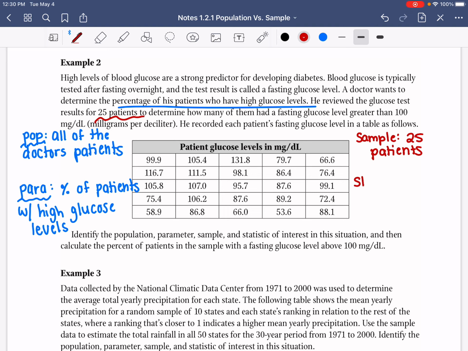So that's his stat of interest. So our stat of interest is just the percent of sample patients with high glucose levels.